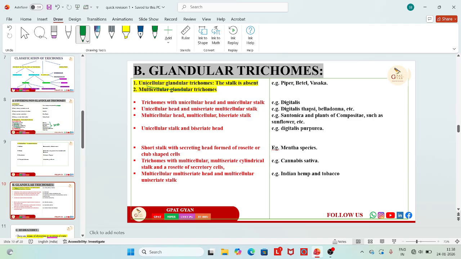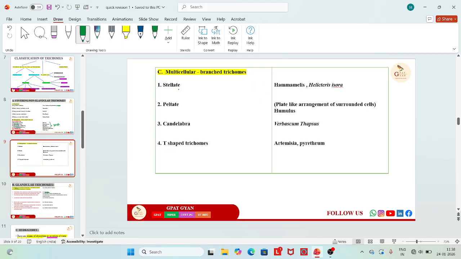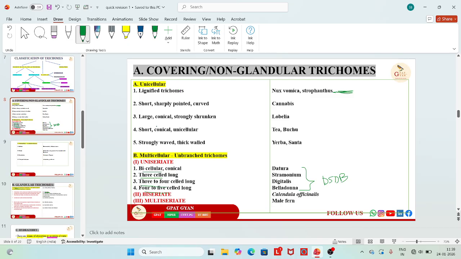Digitalis contains these. There was a question about digitalis asking which one contains all types of trichomes, like the glandular trichome and the non-glandular trichome also. So this will be digitalis.